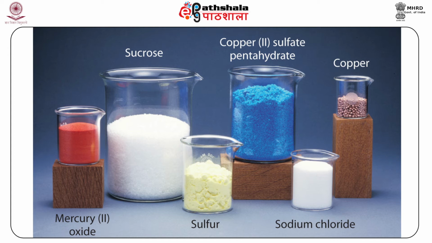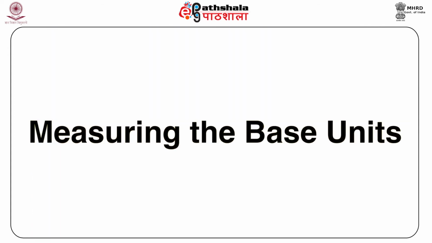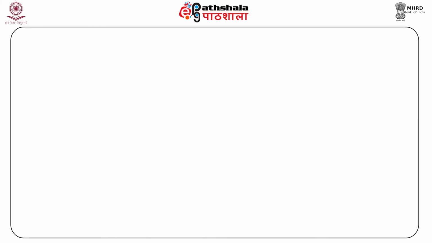This number is known as Avogadro's number, which has a value of 6.0220943 × 10^23 per mole, determined by the US National Bureau of Standards in 1974. Now let us learn about measuring the base units.